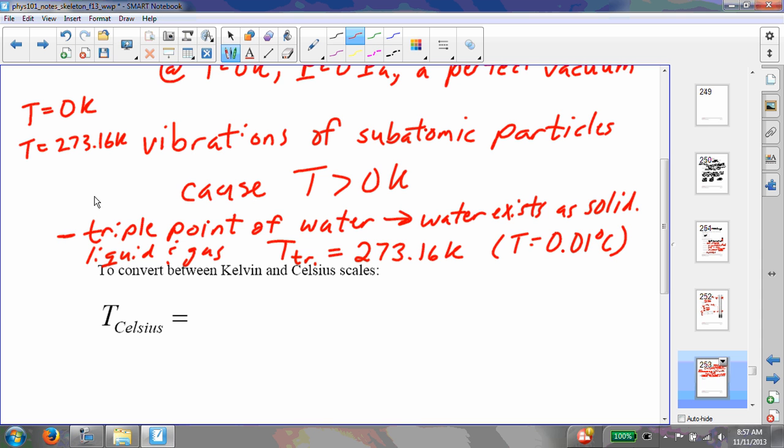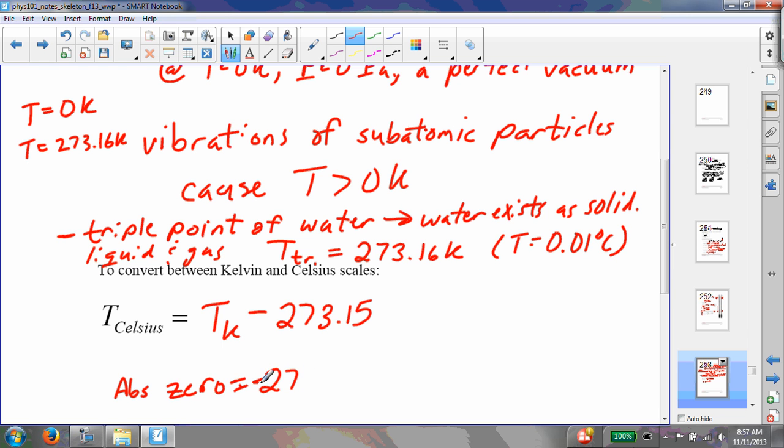Okay, so to convert between the Kelvin and Celsius scales, we say that the Celsius temperature is equal to the Kelvin temperature minus 273.15. So for example, absolute 0, which is the absolute lowest temperature, is equal to negative 273.15 degrees Celsius.